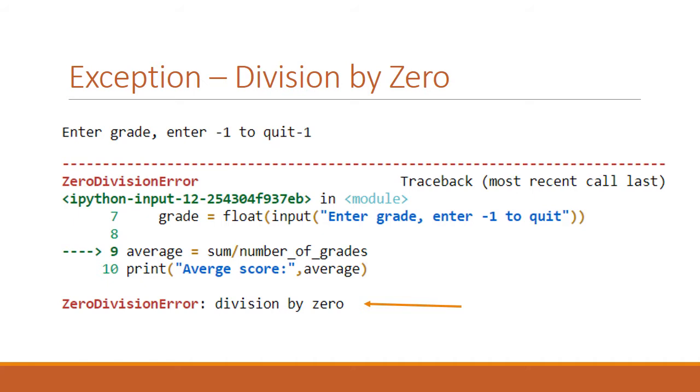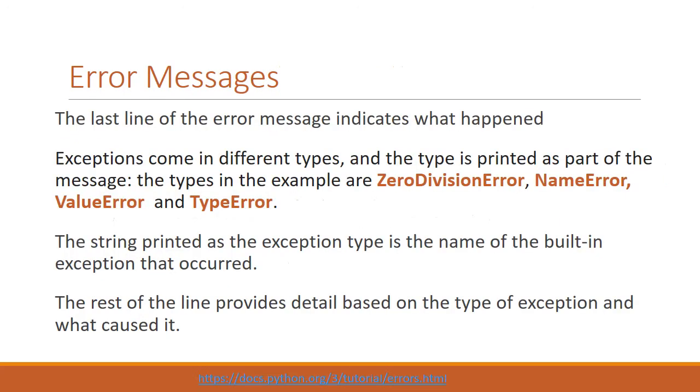And this error message provides some valuable information. First of all, it tells us the type of exception that was thrown. And in this example, the exception is a ZeroDivisionError exception. It tells us that this exception was thrown on line 9, and it tells us specifically that it's division by 0. The last line of the error message indicates what happened.